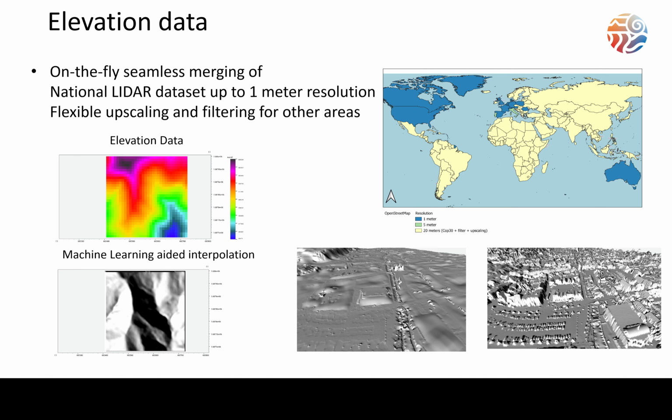So we are now using some of our custom filtering and interpolation to deal with elevation data sets at a global scale. So that's some processing on top of Copernicus 30, which is a global space-based elevation model. But then for over 20 countries, we're now doing also 1 meter resolution LiDAR data, seamlessly available directly within the tool.